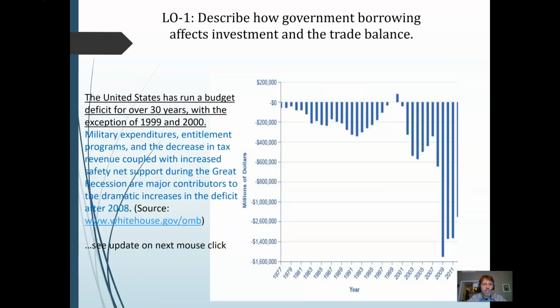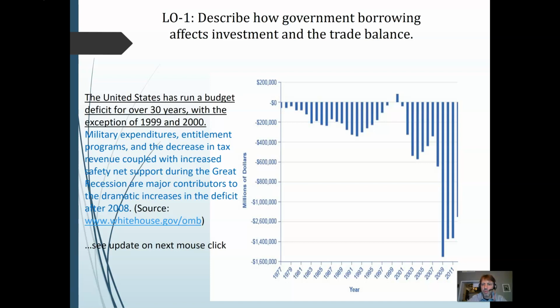So we've run budget deficits for over 30 years, with the exception of 1999 and 2000, mainly due to military expenditures, entitlement programs, and the decrease in tax revenue, with increased safety nets supporting during the Great Recession of 2008, 2009.